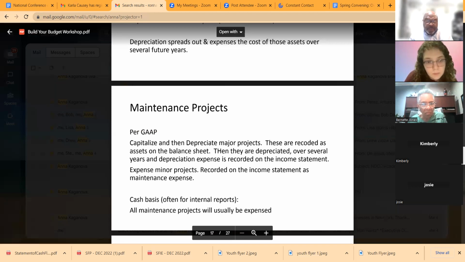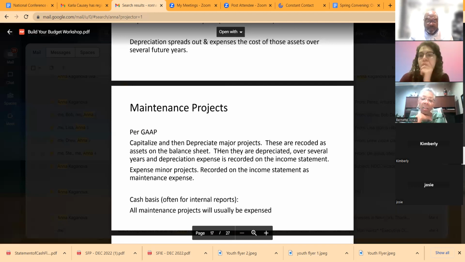So they're recorded as assets on a balance sheet, and then they're depreciated on the income statement. Right. And expense minor projects, recorded on the income statement as maintenance expense.